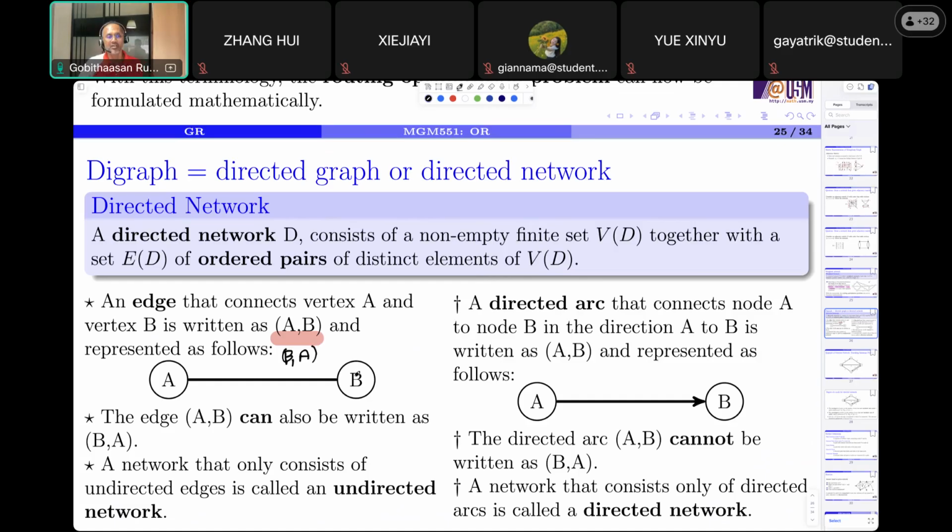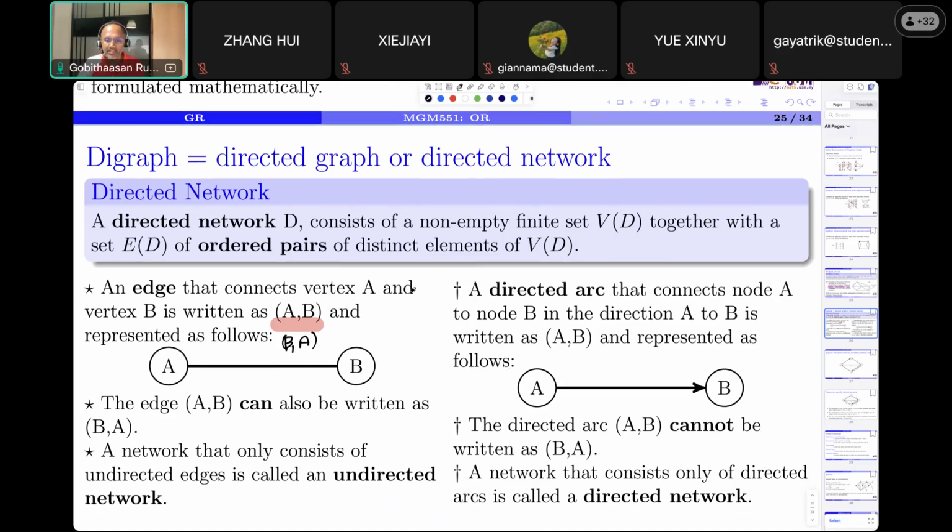Whereas for a network with direction, usually we call it an arc rather than an edge. We call it an arc to differentiate between a network with direction and a network without a direction. And this time around, the right way of representing it would be a two-tuple AB.